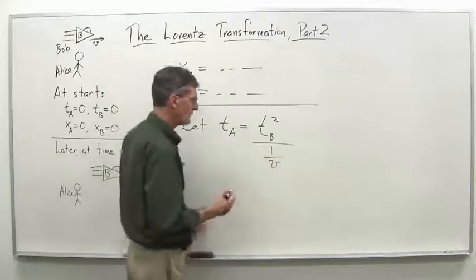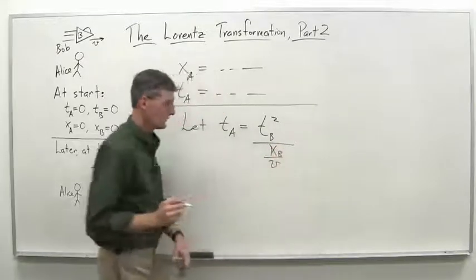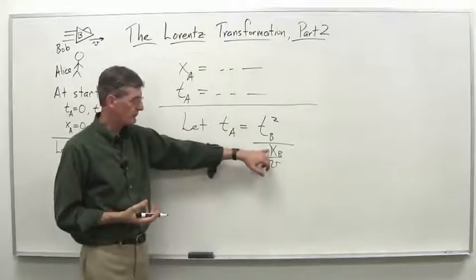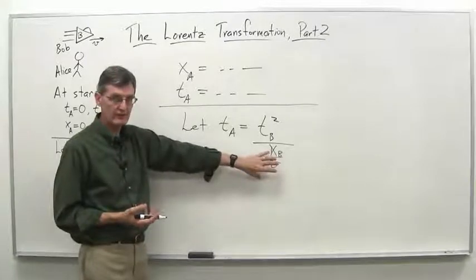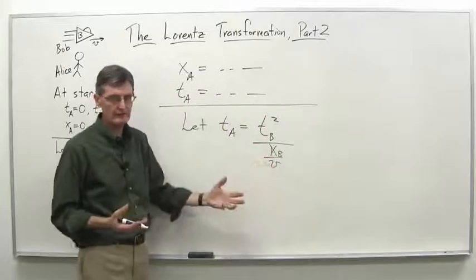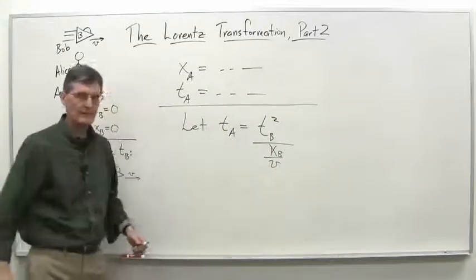And then if I multiply that by, let's say, xb, so xb divided by a velocity, meters divided by meters per second, gives me units of seconds down here. I've got seconds squared on the top, so the whole thing turns into seconds. Don't worry about it if you don't quite get the point there.